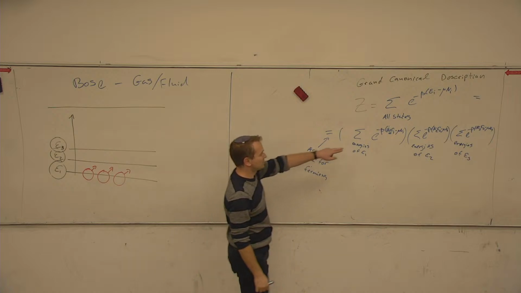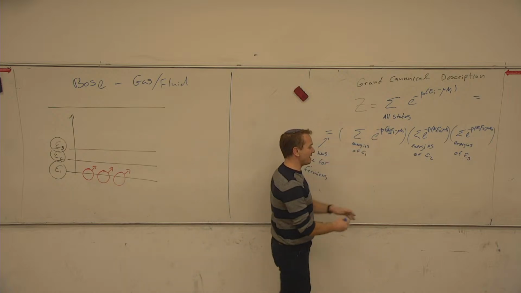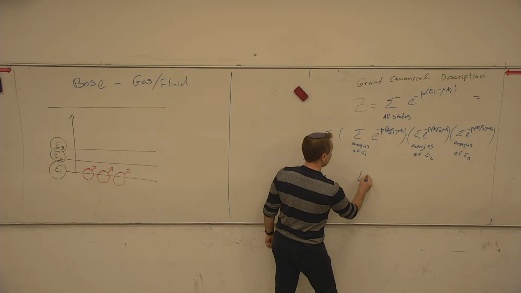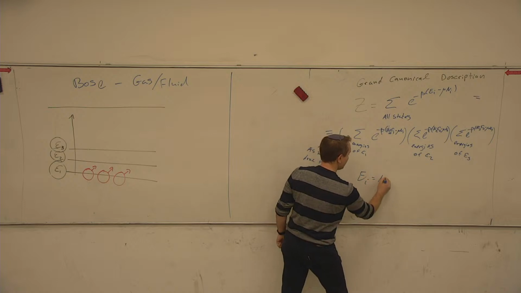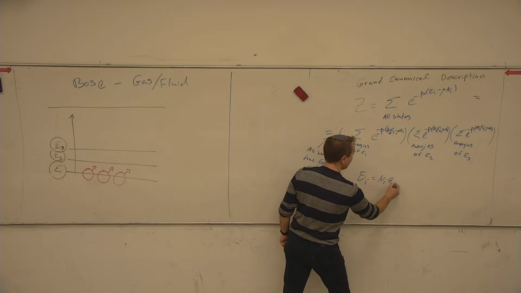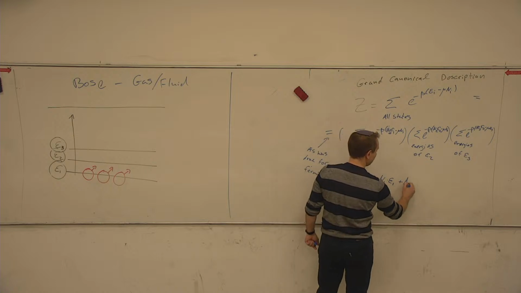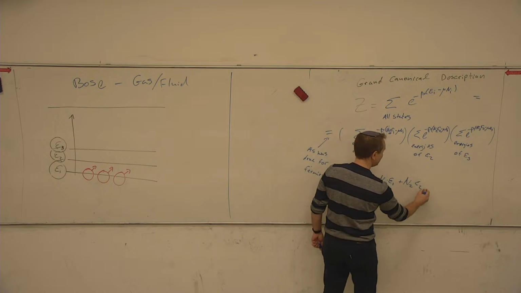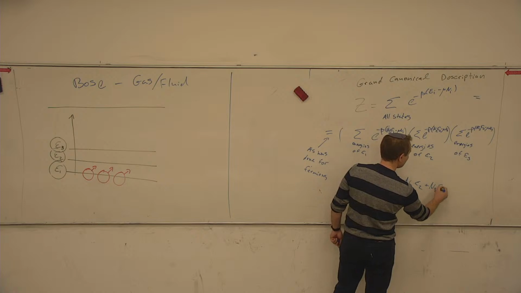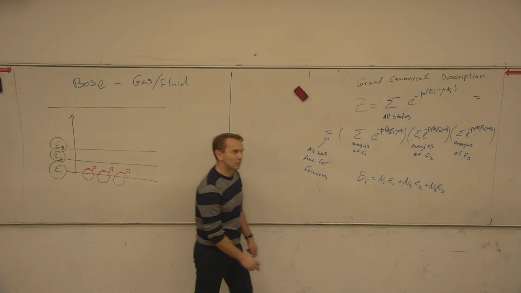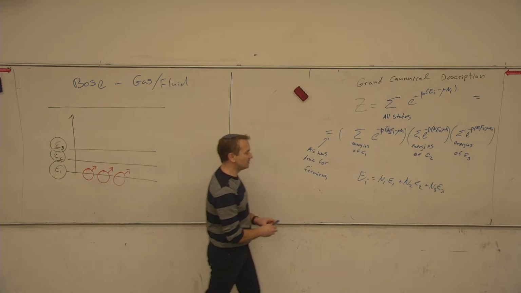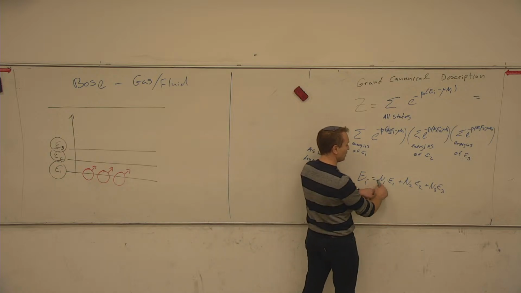Look at those terms. So what exactly have I done? I've said the following thing. Energy is n1 multiplied by epsilon 1 plus n2 multiplied by epsilon 2 plus n3 multiplied by epsilon 3. And each energetic state is described by a specific number n1, n2, and n3.